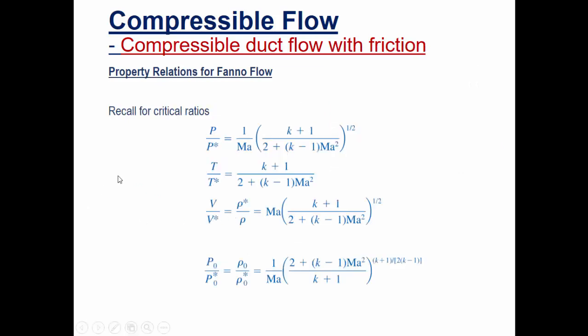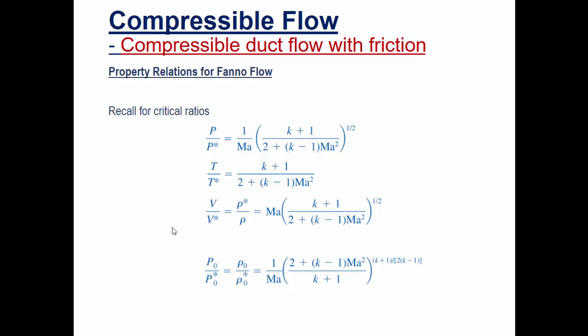Okay, next, when we recall the critical ratios for the compressible flow, all of these critical ratios also apply to compressible flow with friction. So for Fanno flow, we will be using all the critical ratios which are listed here, where the critical ratios are related to the specific heat ratio and also the Mach number.